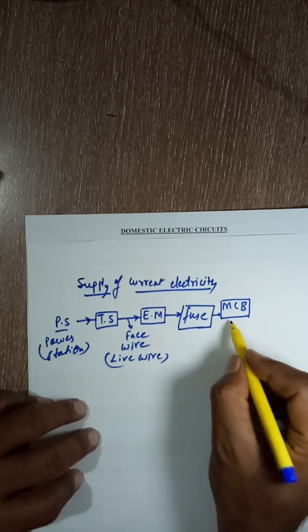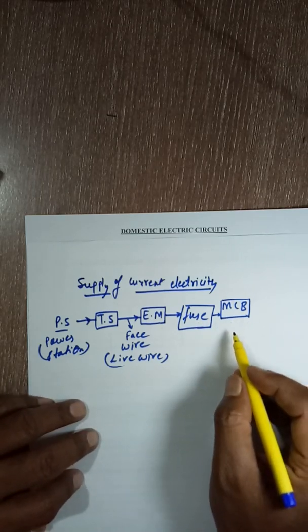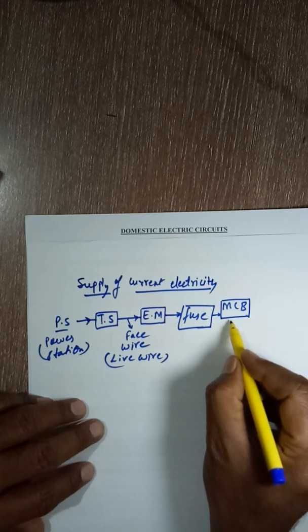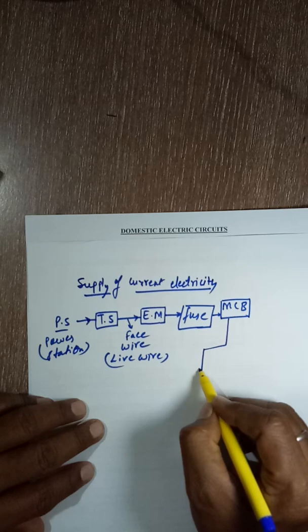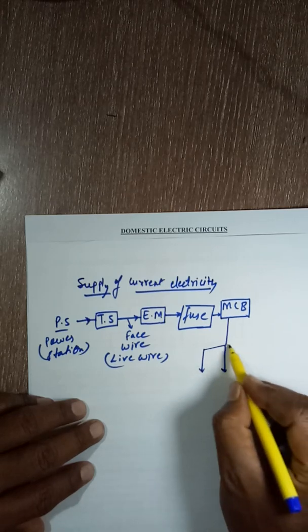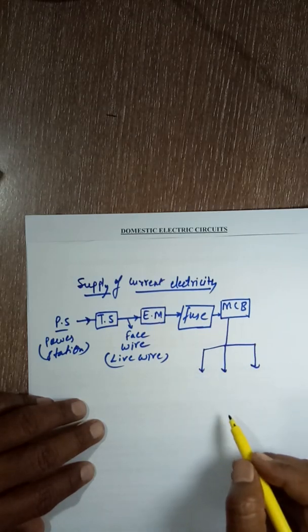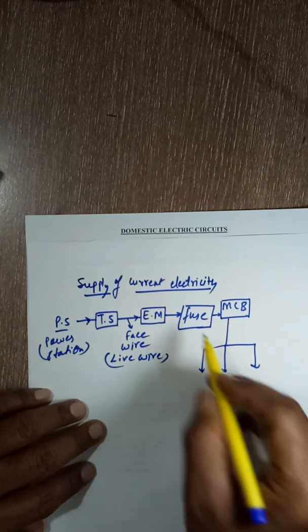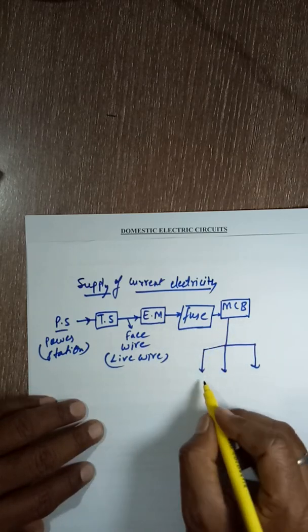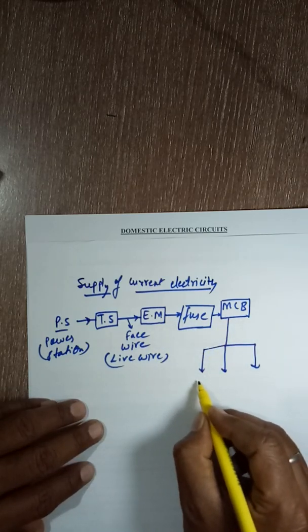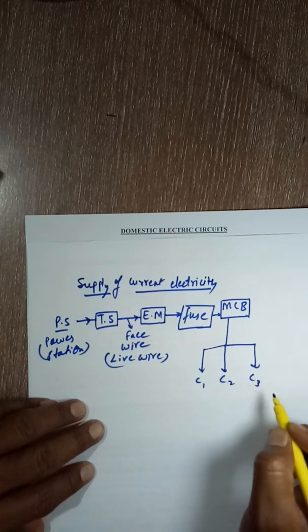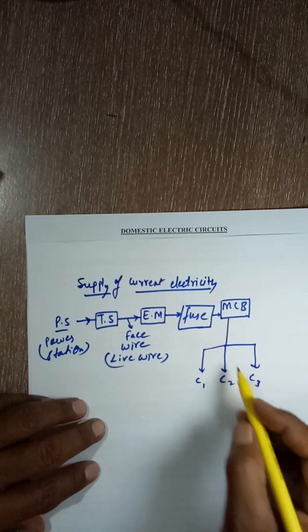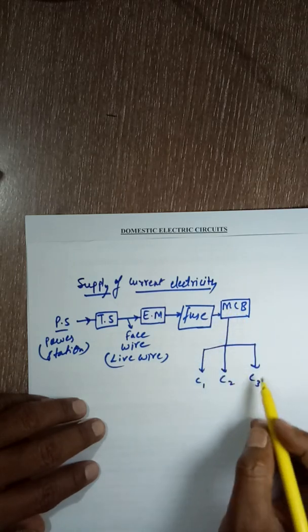After that the distribution point comes. From the MCB it goes to the different electric gadgets, where component 1, component 2, component 3, I'm just taking an example, where the supply goes.